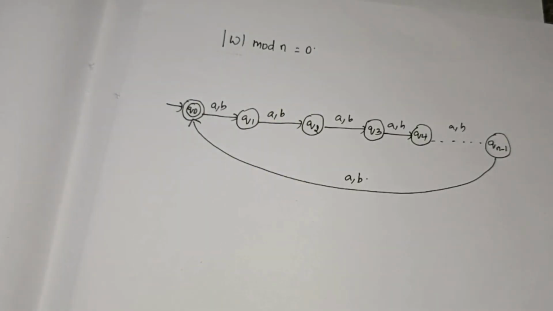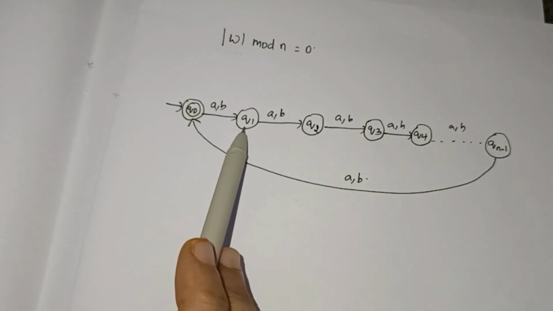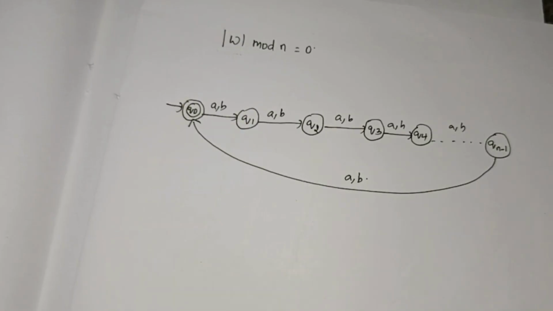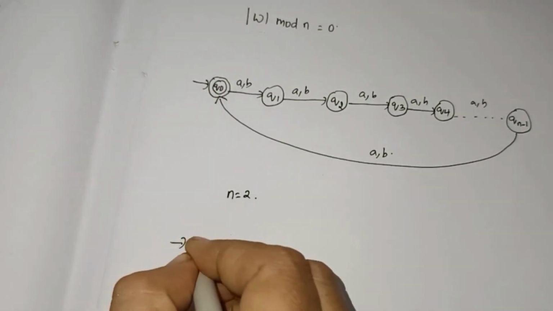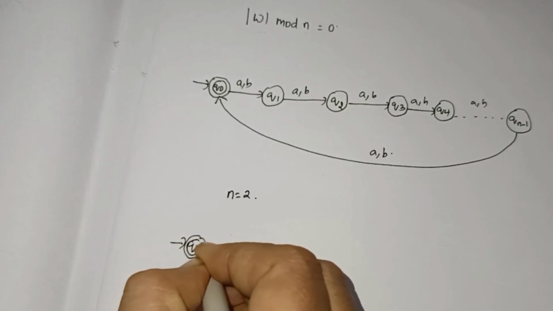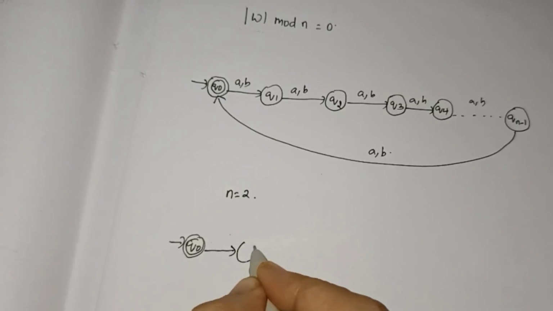If I say n equals 2, it will reach only this one. 2 minus 1 means Q1, till here only. From Q1 only I will make a transition. So depending upon the value of n, the transition will stop before that state and do the transition. If I take n equals 2, then Q0 becomes the final state, and next will be Q1.